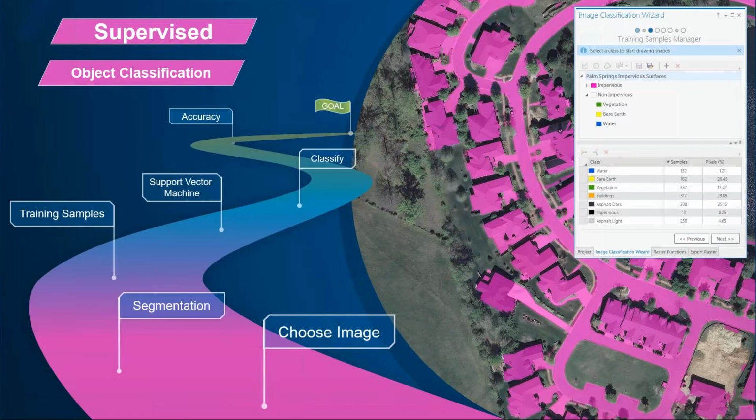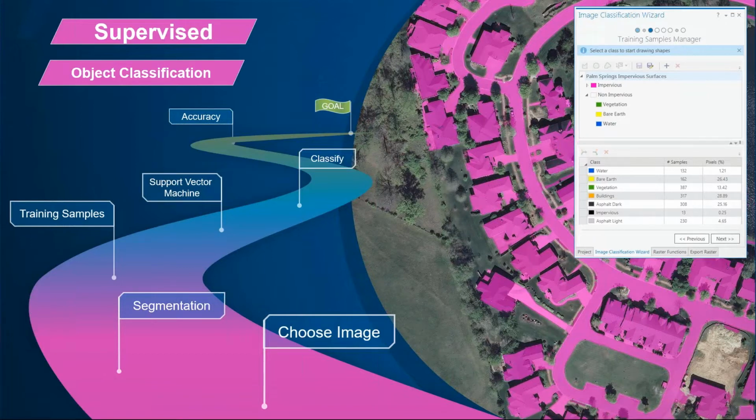Once we have that layer, we can start collecting training samples. These are features that we see on the image that represent some sort of class, things like water, bare earth, vegetation, and other types of impervious surfaces. Then we build a classifier, and we support a variety of techniques.